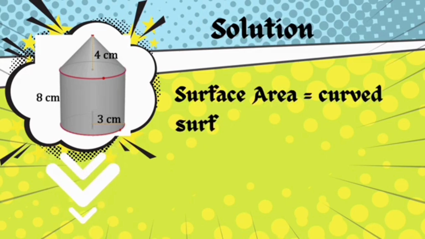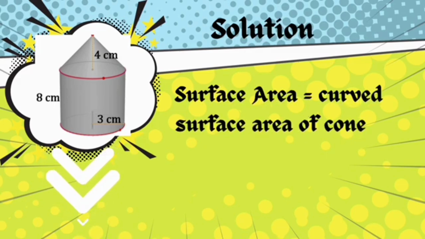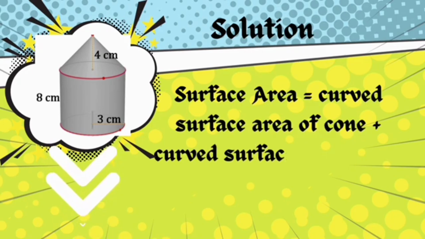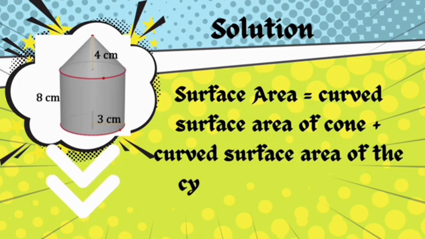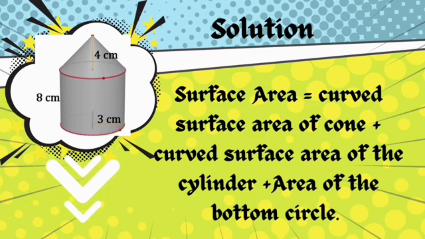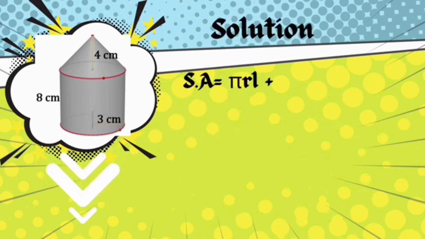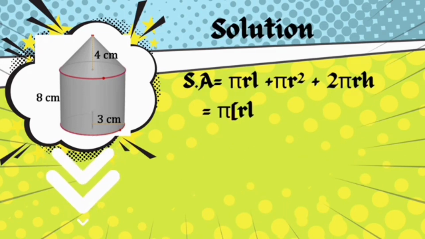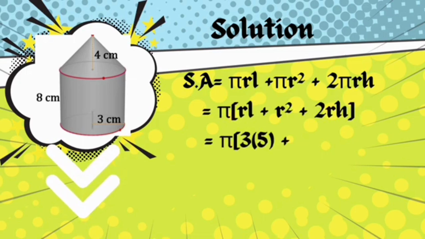The surface area of the compound solid is equal to the curved surface area of the cone plus the curved surface area of the cylinder plus the area of the bottom circle. The curved surface area of the cone is pi r L. The area of the bottom circle is pi radius squared.